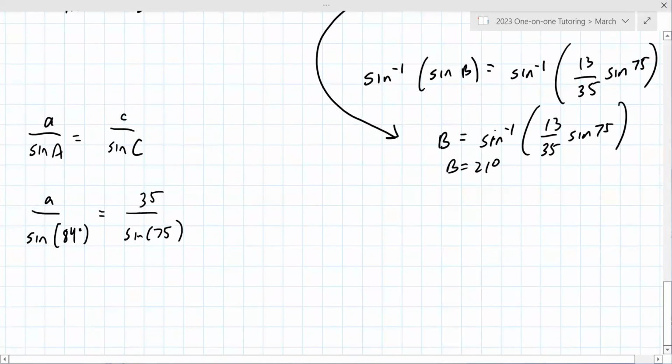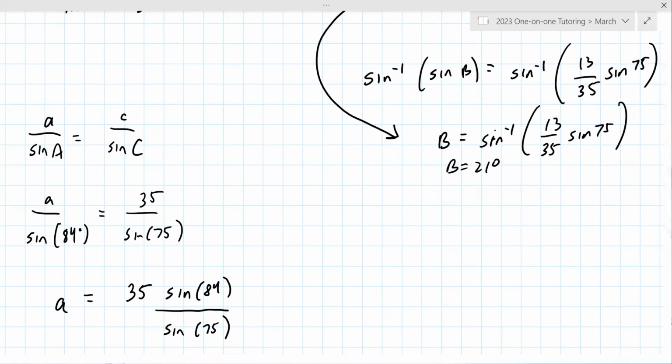And then you solve for A just like we did in the last problem by eliminating that sine 84 on the bottom. So 35 sine 84 over sine 75. Okay. Go to the calculator here. I got 36.0.